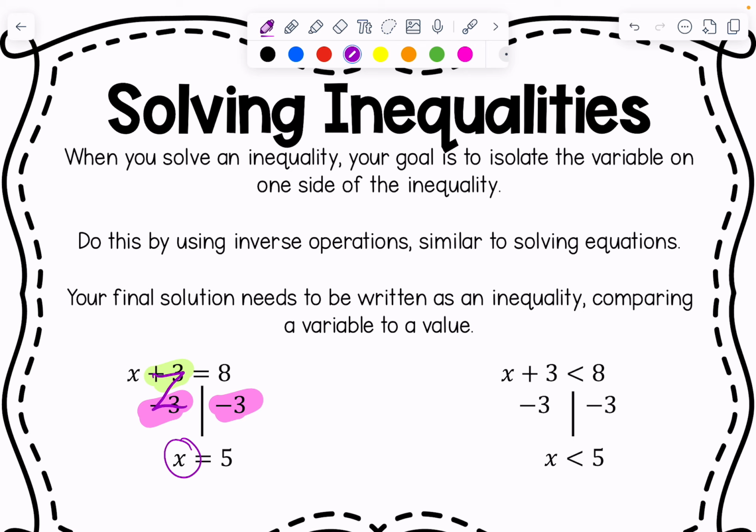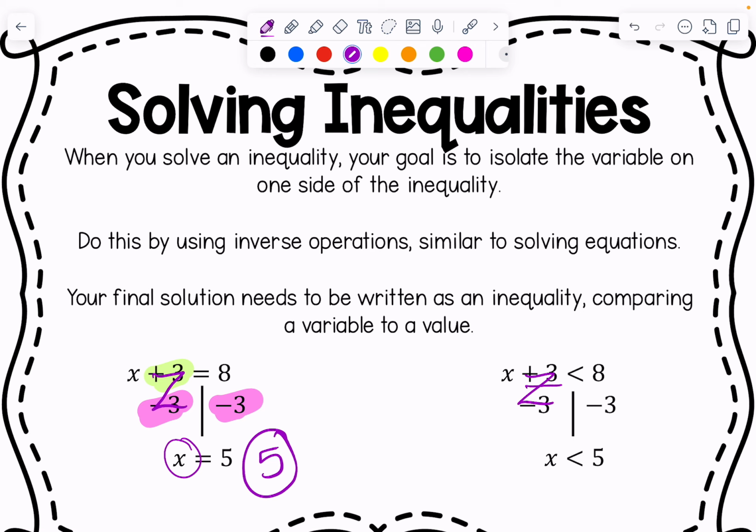When we were solving equations, maybe you just wrote your answer was 5 and circled it, and that would work. When we solve inequalities, we're going to do the same process. So we have x plus 3 is less than 8. I want to undo the adding 3 by subtracting 3, or you can think undo positive 3 by adding a negative 3. Either way, they mean the same thing. And so my 3's over here zero out, leaving me with the x.